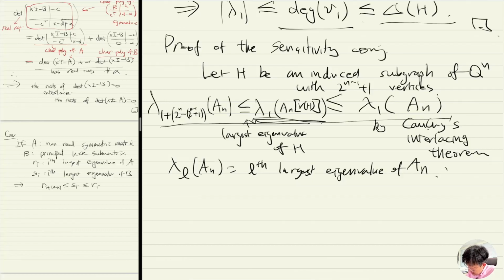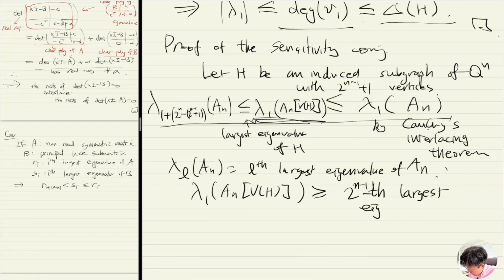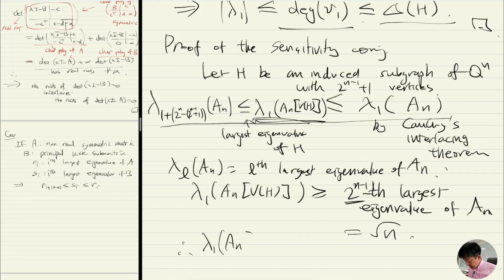So this means that lambda 1 of An induced on V of H is greater than the 2 to the n minus 1 largest eigenvalue of An. But remember, the eigenvalues of An are half of them square root n, half of them minus square root n, and this is exactly half place, so it's square root n. So lambda 1 of An induced on V of H is at least square root n.